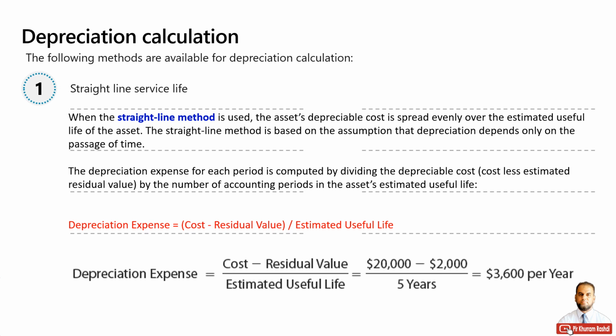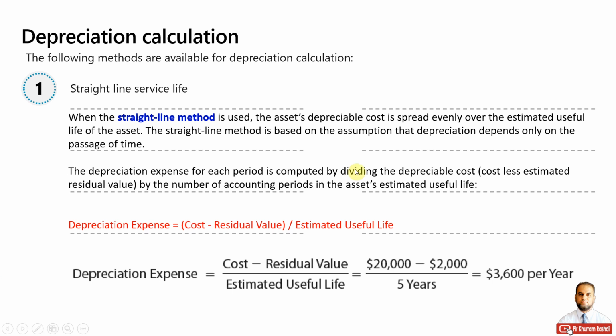That is the expected life of an asset, how long it will remain in service. For example, there can be an asset which can remain up to 5 years. An asset like a laptop can be for 2 years or something like that. It depends upon company to company or legal entity to legal entity.